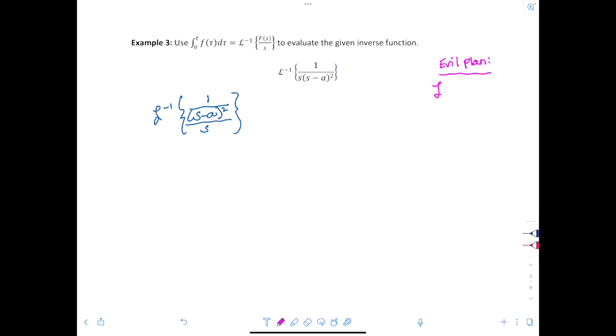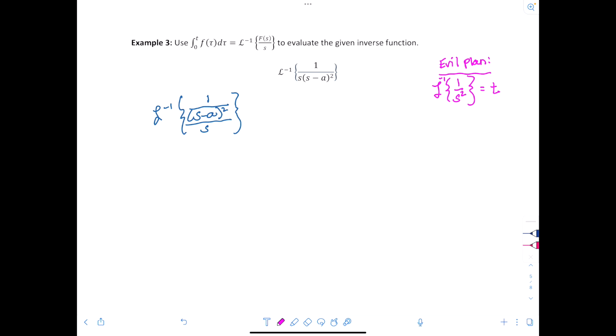If you have this here, right? Wouldn't that just equal to t, the Laplace transform? The inverse Laplace transform of 1 over s squared is equal to t, correct? Now, what's happened to s? It's been shifted a units to the right.